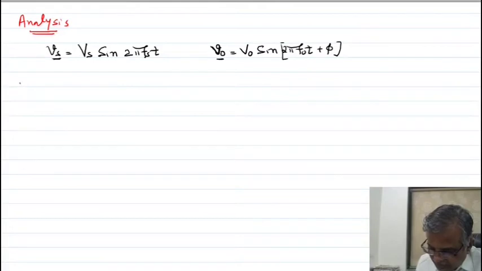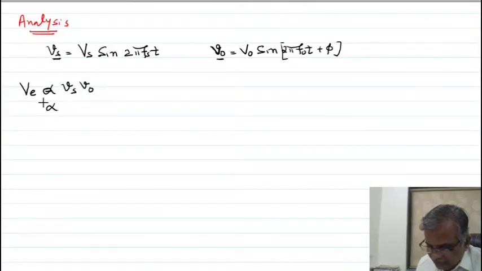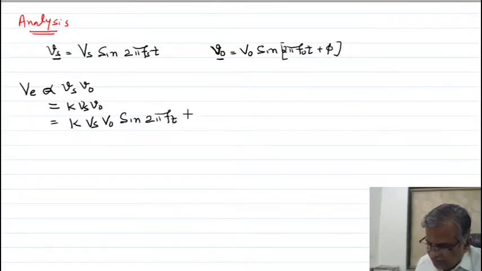As a result, the output of the phase detector is proportional to the multiplication of these two. I can write it with some constant k, or I can write it as k into Vs Vo sine 2 pi Fs t into sine 2 pi F0 t plus phase phi.